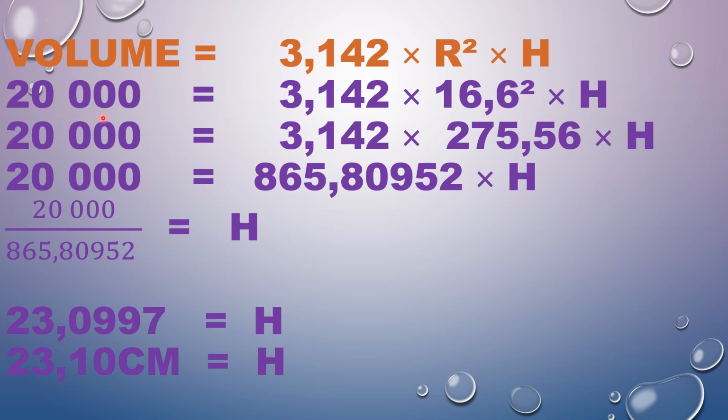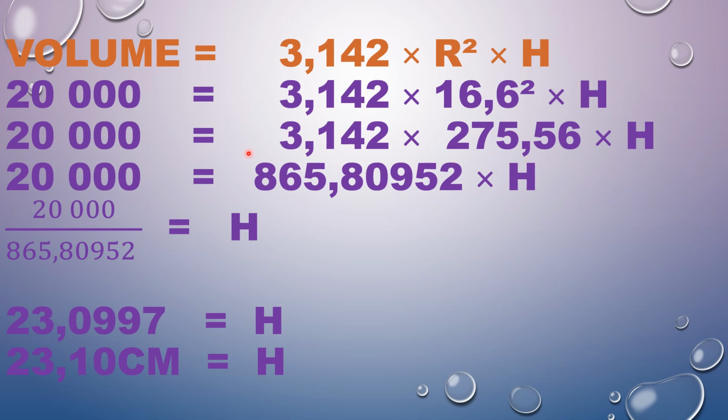Step 2, I'm now going to substitute 20,000 from the question above, pi 3,142, radius from question 1.1. Remember, please, to bring down the square, and then times height. So I'm going to now say 16,6 square, which gives me 275,56.